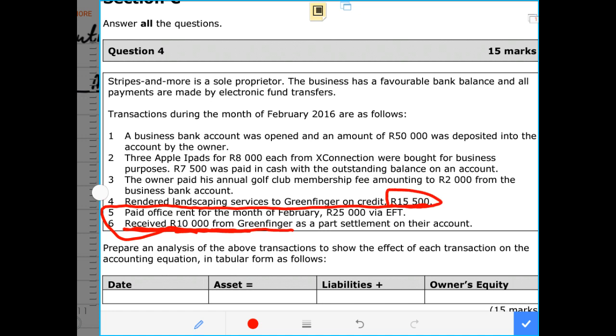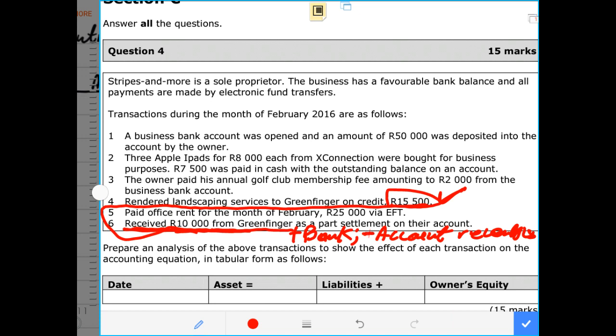So now if we are receiving money in this case, we expect that our bank account will be increasing, and we know that the bank is an asset, therefore bank will be increasing on the debit side. And secondly, because the customer is paying the account, we expect accounts receivable to be decreasing. And why accounts receivable are decreasing is because when we rendered a service here, accounts receivable increased because we rendered a service on credit or on account to the customer.